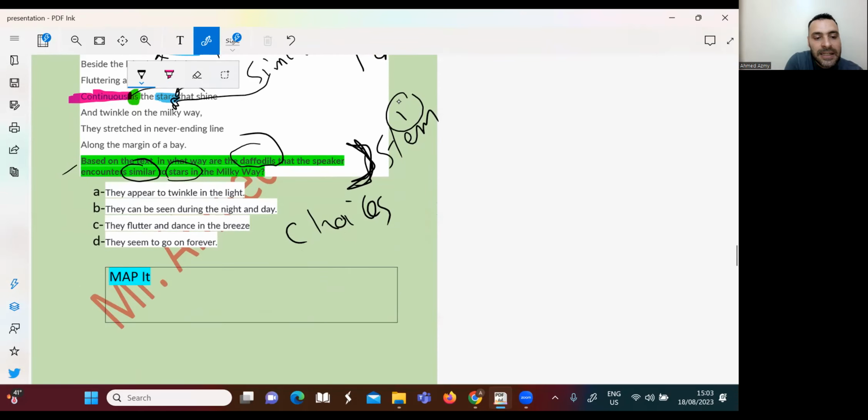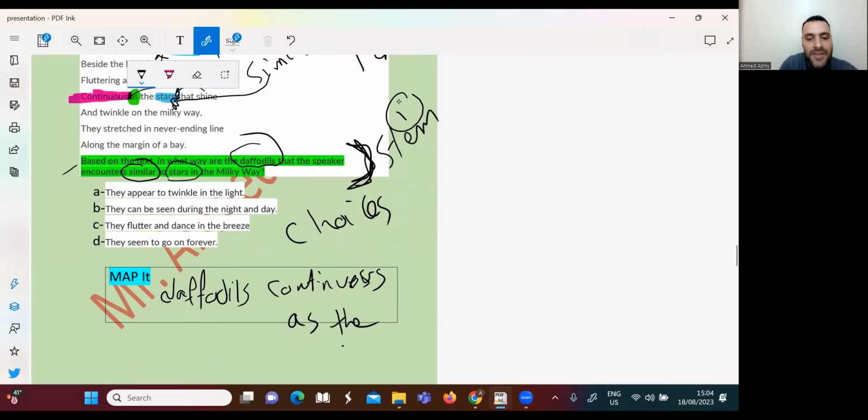I'll write it here: daffodils are as continuous as the stars. You will match continuous to which word? What will the answer be?